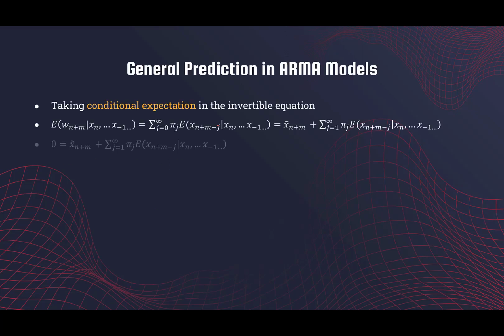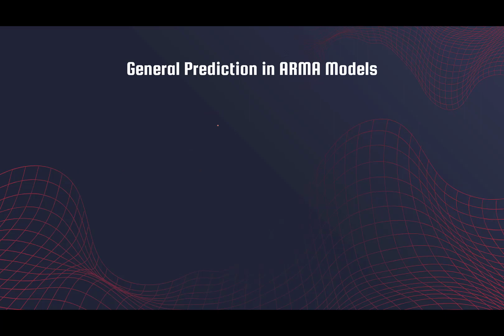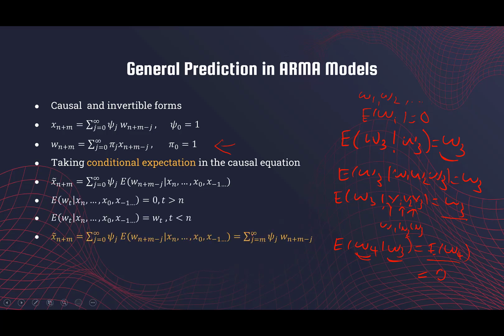So let's go back. Not here. If you go back 2 slides, yep, this is the one, right? So this is the equation that we already showed. So I'm using this now to calculate the prediction error.